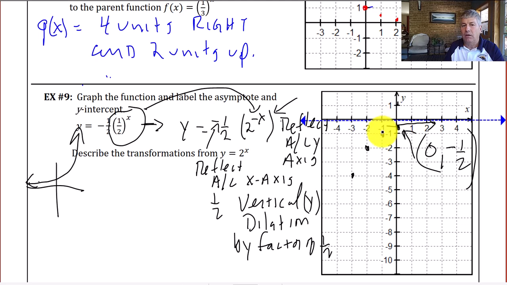Because at -1, we should have gone through 2, but because of the 1/2, we only went through 1. And at -2, we should have gone through 4, but now we went through 2, because our base was 2^x. And at -3, we should have gone through 8, but now we went through 4. So there's our dilation by a factor of 1/2.